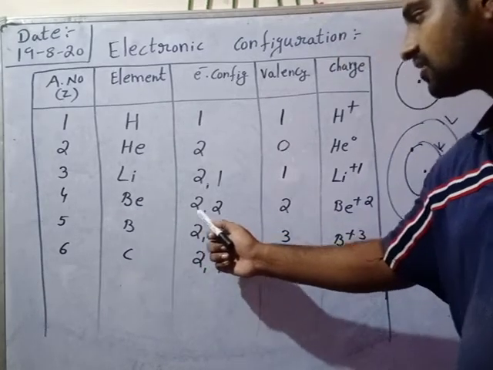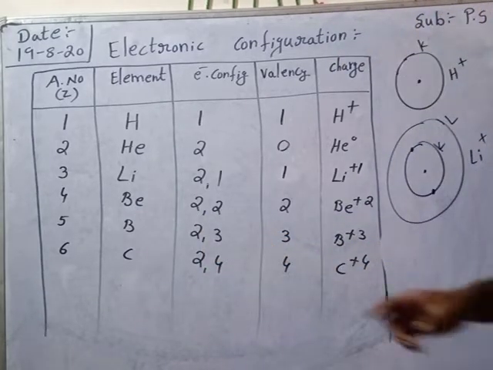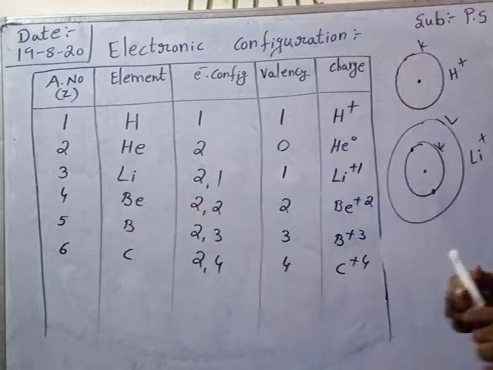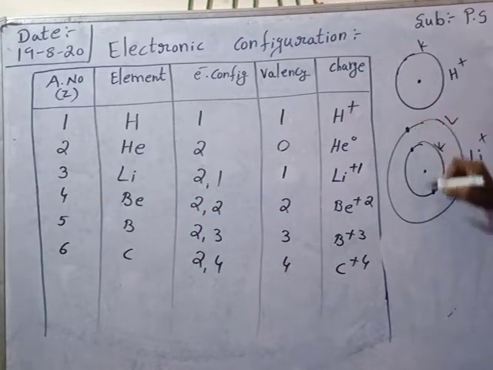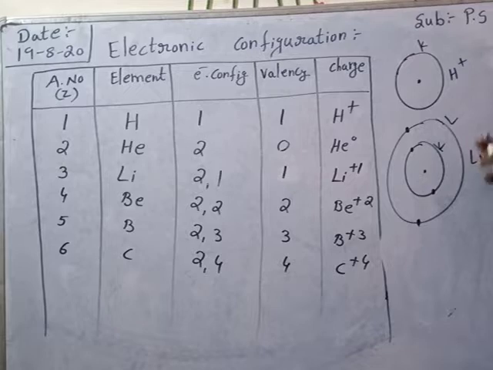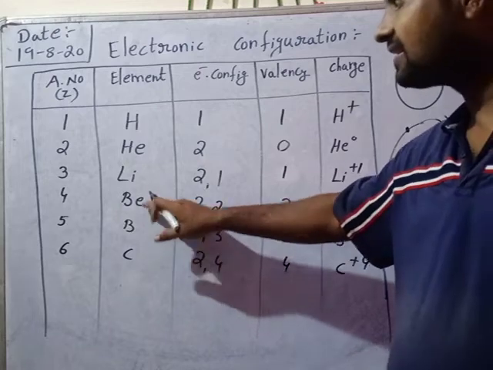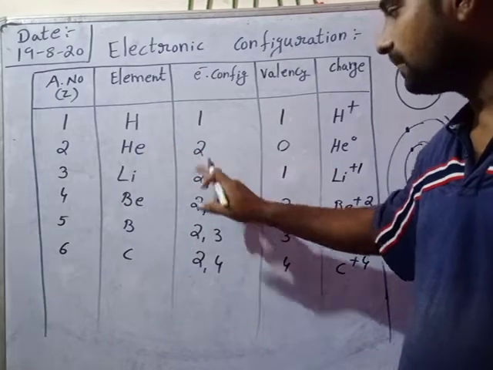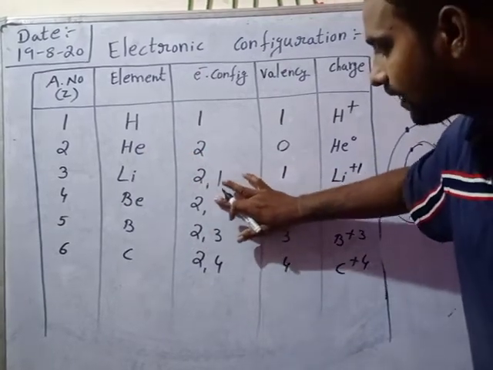Now beryllium. Beryllium electronic configuration is 2, 2, because the total number of electrons is 4. To reach helium electronic configuration, beryllium loses 2 electrons.